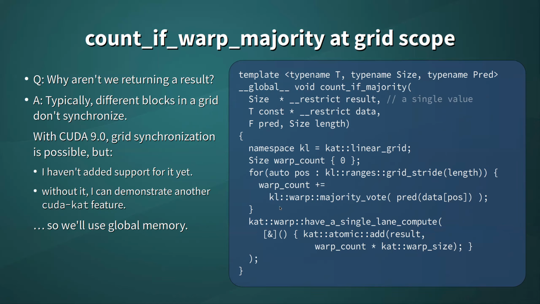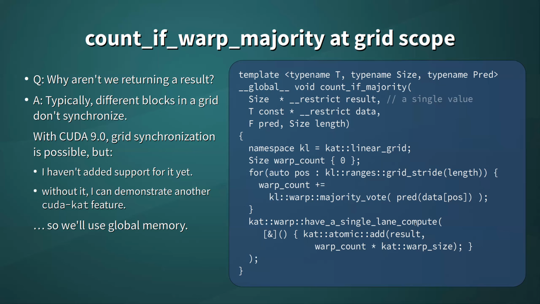But we don't want all of the threads in a warp to do this adding up. We only want one lane in each one of the warps to contribute to the global result. So here's another collaboration primitive in CUDA KAT.